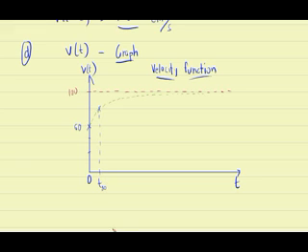What time does the particle reach 80 centimeters per second? So looking at the graph, we know what it means. So how do we do that?